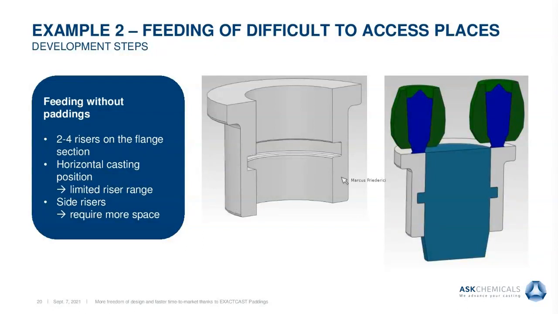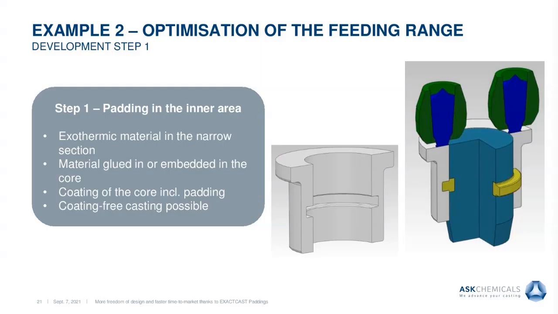Therefore, we go here just with 2 risers on top, because this is for the process the easiest way to access this. But we already see, or we can imagine, that we will get in trouble with our narrowing section.